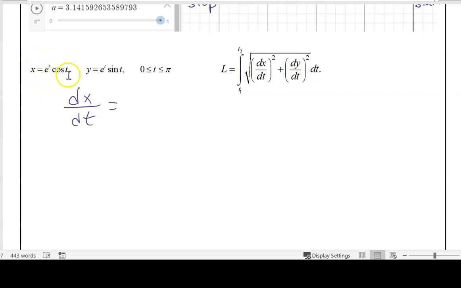Since dx dt will require taking the derivative of the x equation, and the x equation is the product of two functions of t, I'm going to need the product rule.